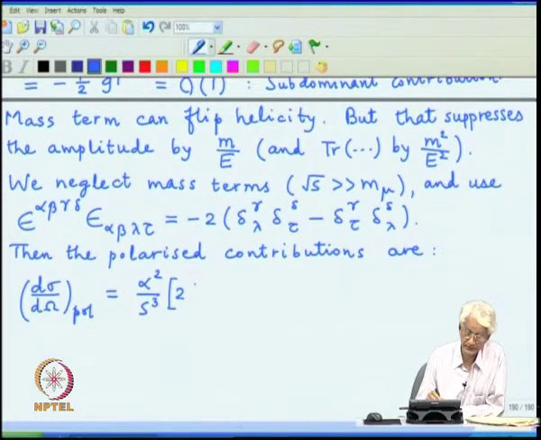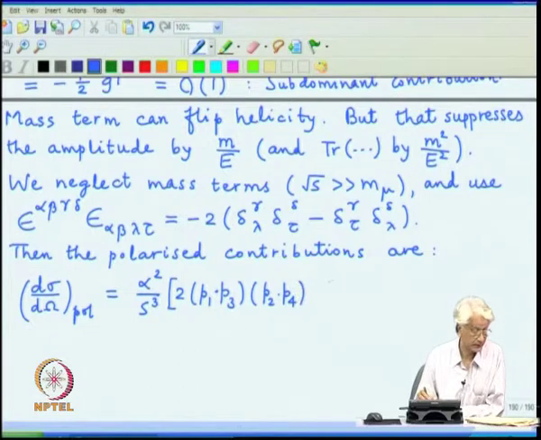So, it gives p 1 dot p 3 and then p 2 dot p 4. These are the result for the symmetric terms.